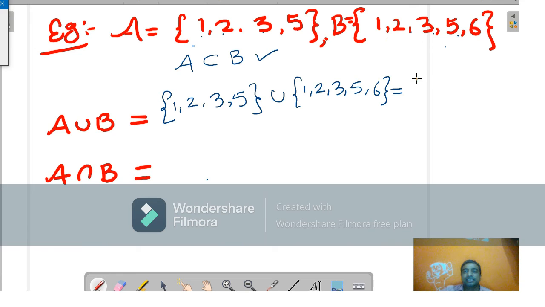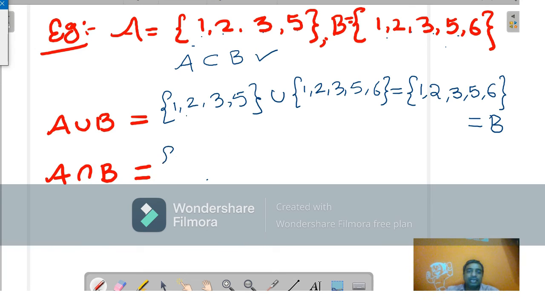What happens? 1 is there in both, 2 is present in both, 3 is present in both, 5 is present in both, and 6 is present only in the second set. So we should write all the elements of A or B: 1, 2, 3, 5, 6. It is nothing but set B. So here A union B, we got B.